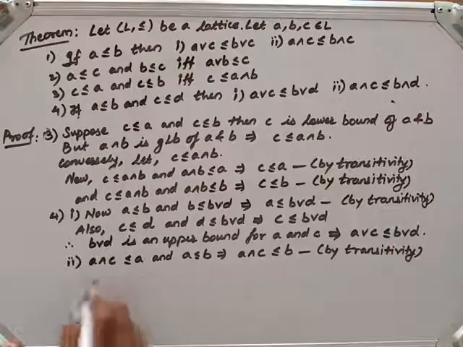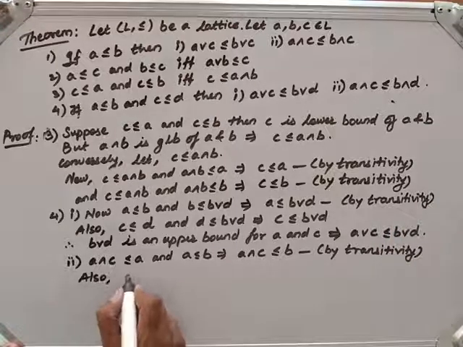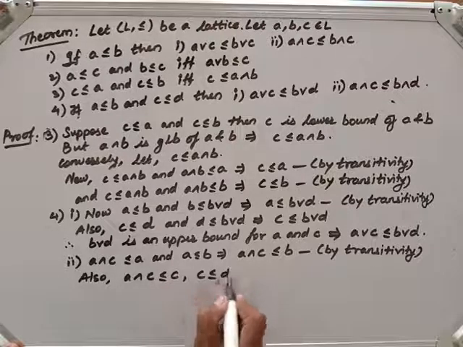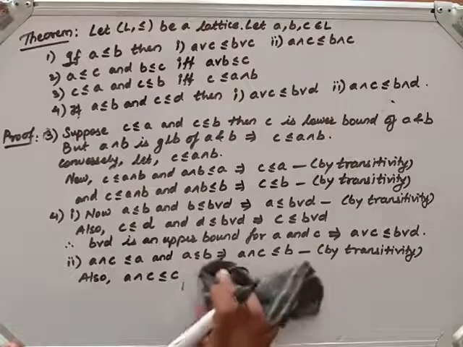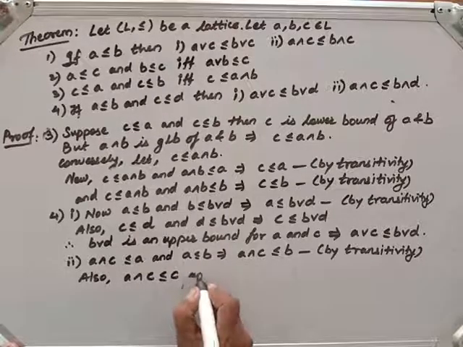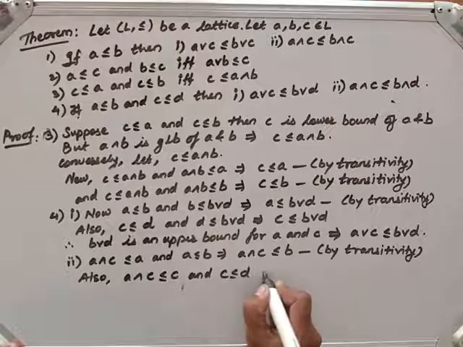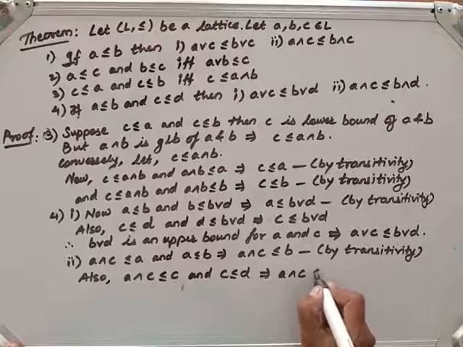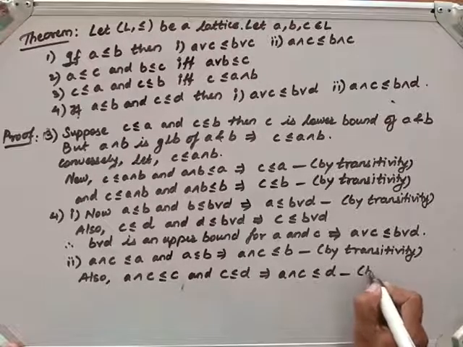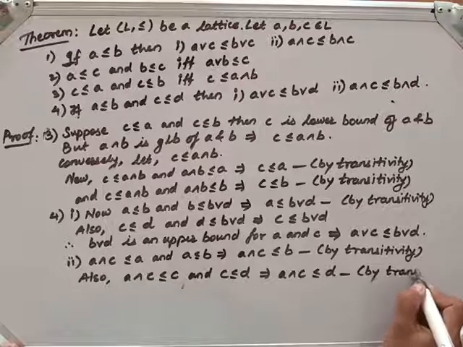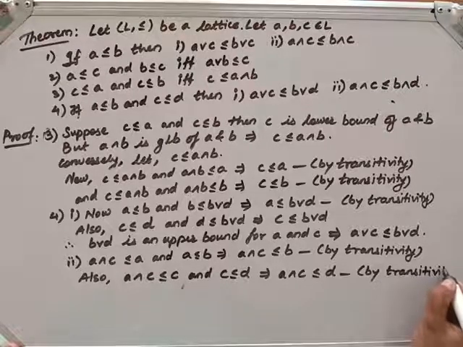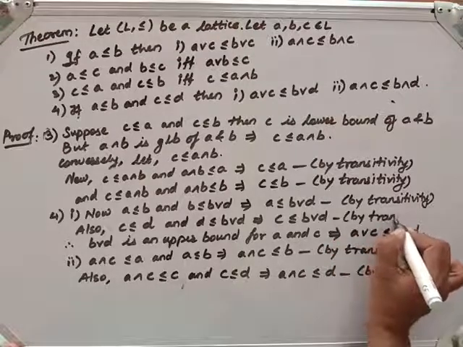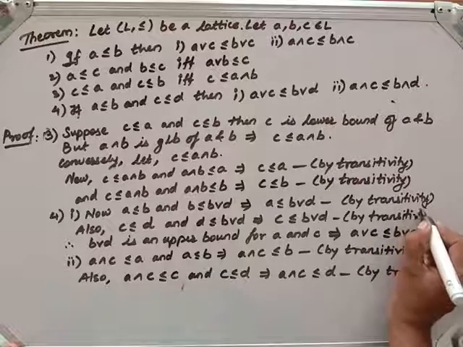Okay. Now also what can I say? A meet C is related to C and C is related to whom? D. Sorry, here I must write and C is related to D. So this implies what? A meet C is related to whom? D. This is also by transitivity. I forgot to write the reasons here.